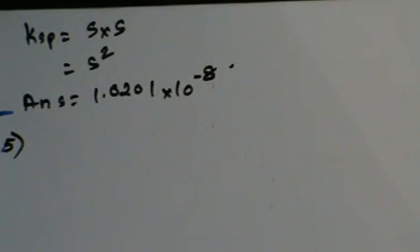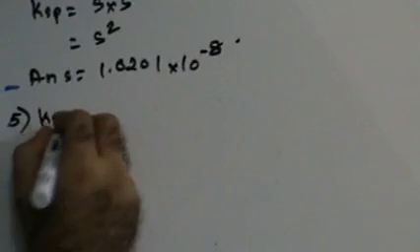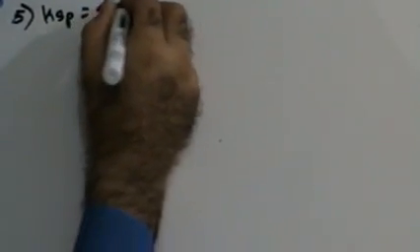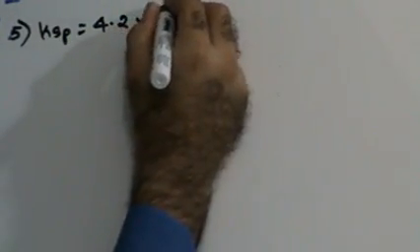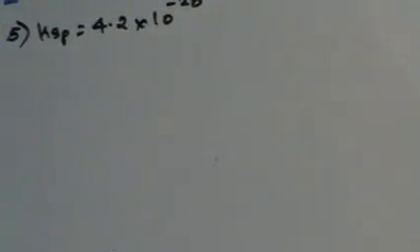The solubility product of lead sulfide is 4.2 into 10 raised to minus 28 at 300 Kelvin.